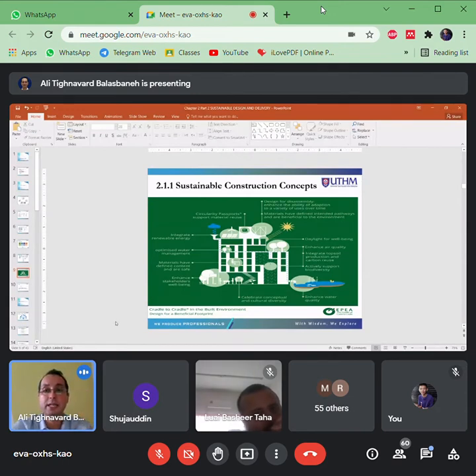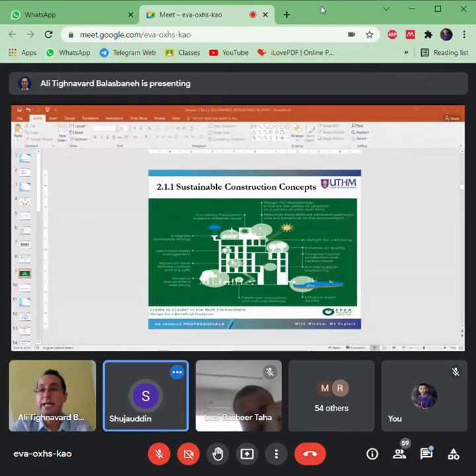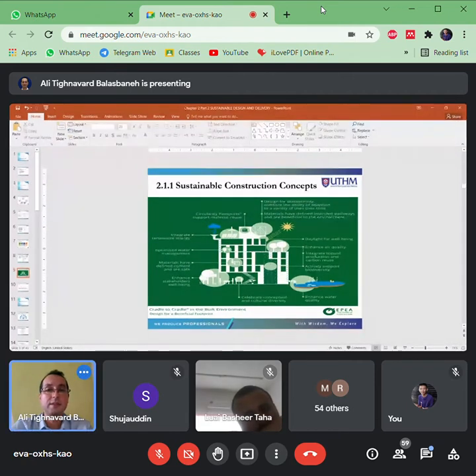For example, one of them is related to daylight, not only for a brighter room, but also we can use solar panels to produce electricity, and use rainwater as a supplement inside the building.